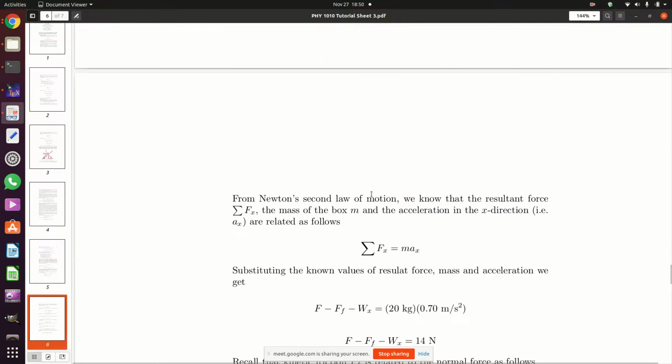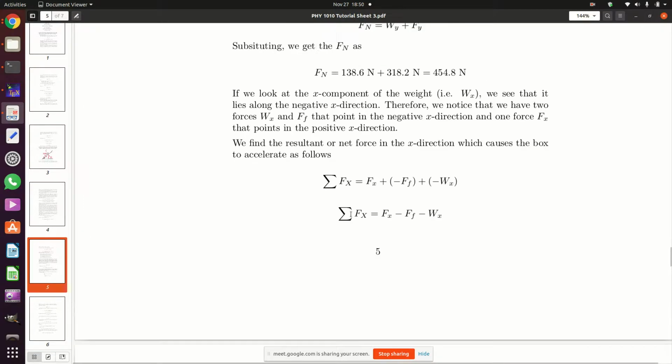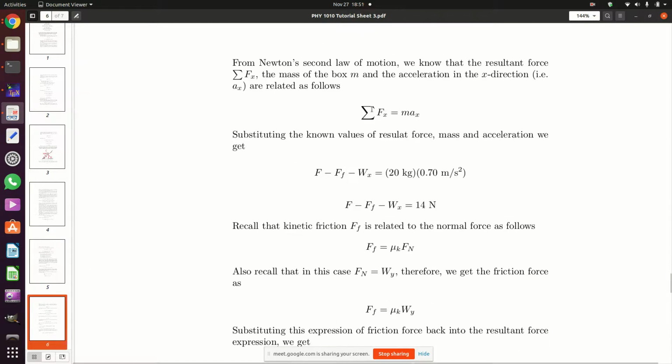Okay, so that's now here from Newton's second law. Why do we need this? We need this because we need to use it in Newton's second law of motion.